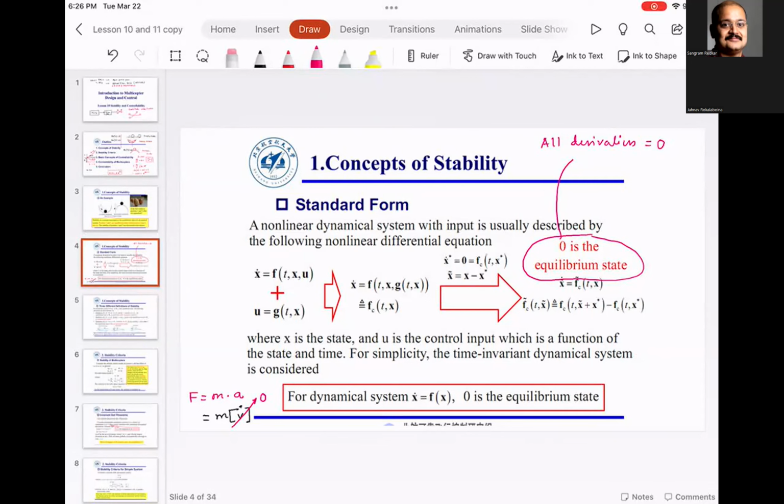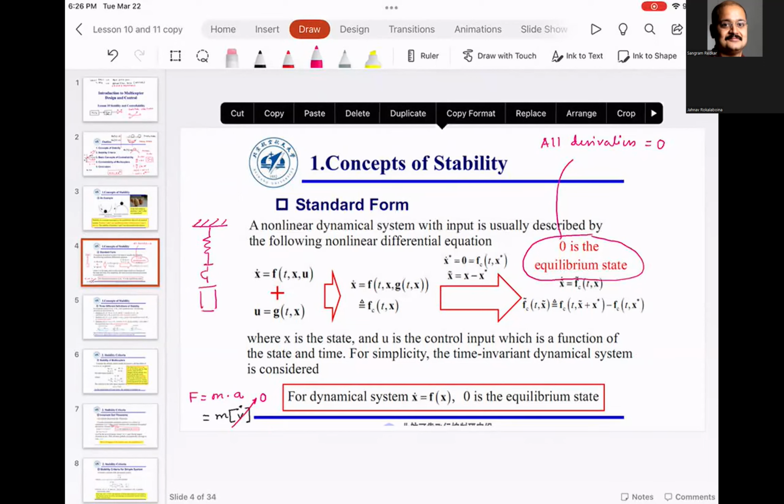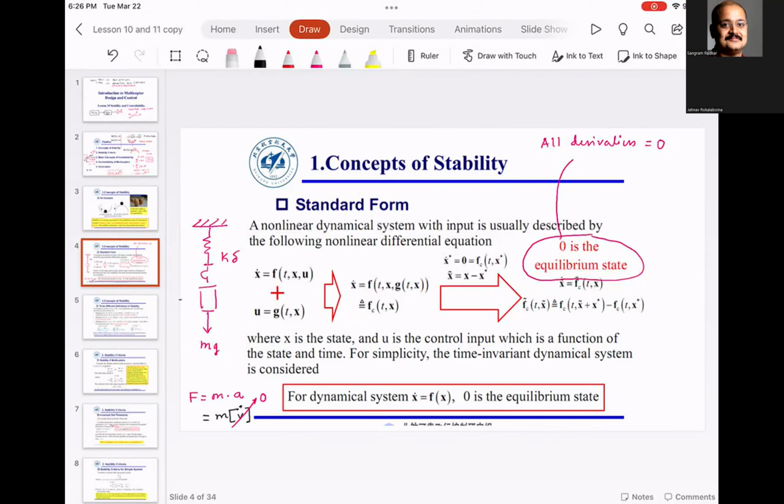So where would you see the state of equilibrium? Let me give you a simple example. A spring balance. You have a spring balance and you add some weight. The spring is stretched, and then the weight of the mass, m times g, is equal to k times the deflection of the spring, k delta. And at that point, this mass is considered to be in equilibrium. So this 0 is the equilibrium state.